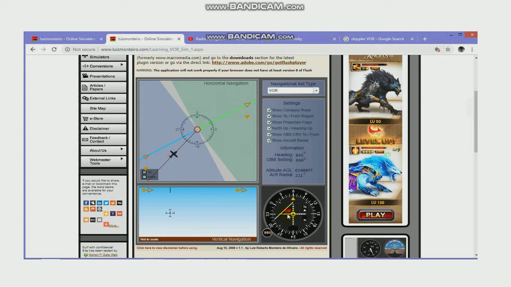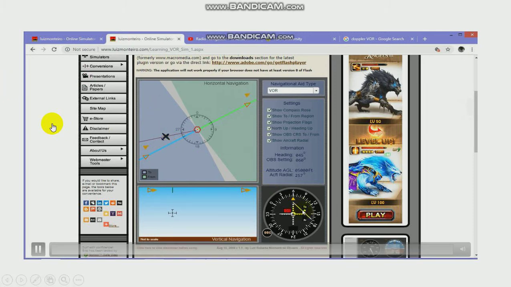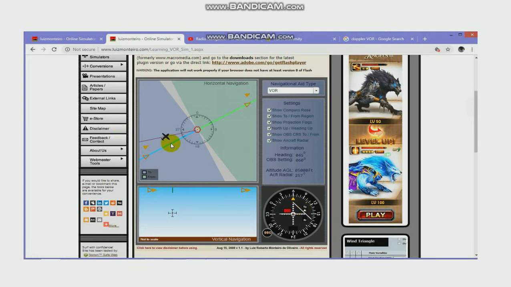Every dot here corresponds to 2 degrees. And if the line here is on your right side, meaning the radial you chose is on your right side, meaning you need to fly right.